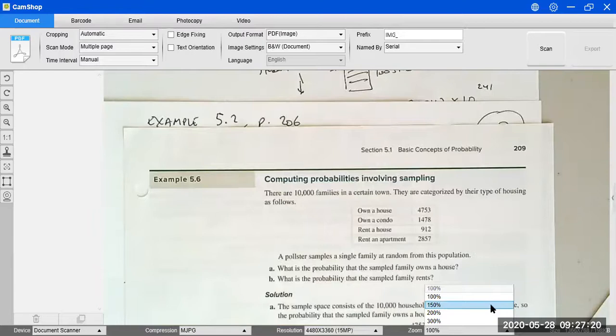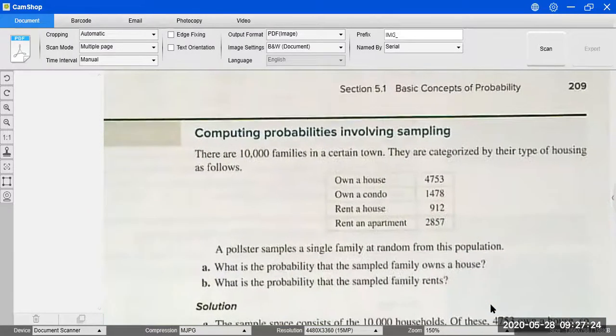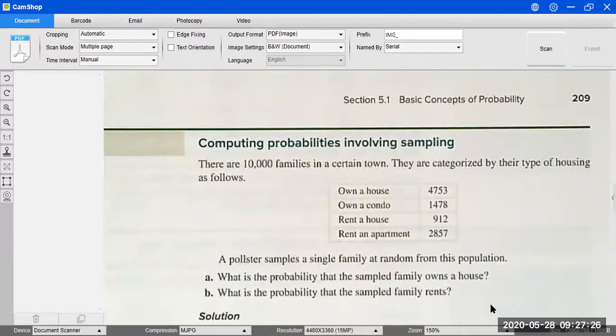There are 10,000 families in a certain town, and they are categorized by their type of housing as follows. Families owning a house are 4,753. Families owning a condo is just 1,478.